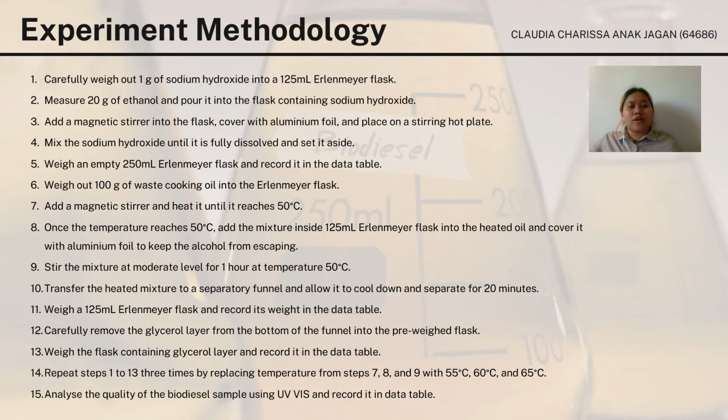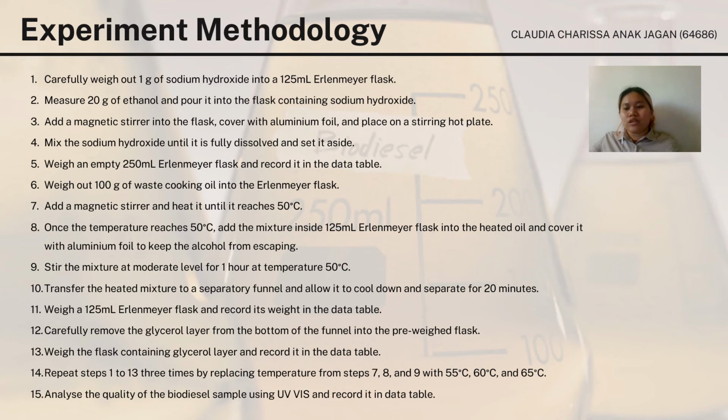As explained earlier, the manipulated variable in this project is the temperature. Therefore, steps 1 until 13 will be repeated at different temperatures, ranging from 50 degrees Celsius, 55 degrees Celsius, 60 degrees Celsius, and 65 degrees Celsius.